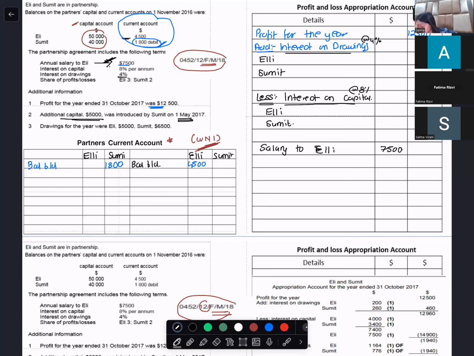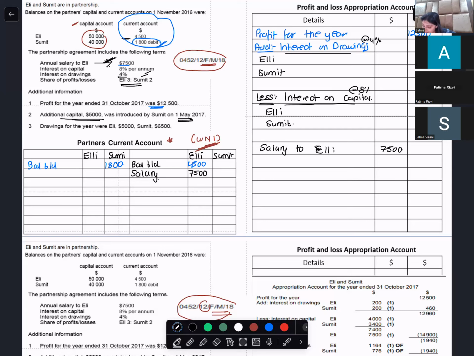Where else will I put it? On the partner's current account, credit side. Salary, how much? 7,500. Correct.